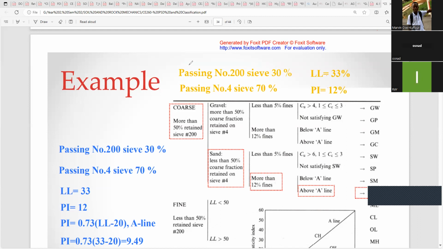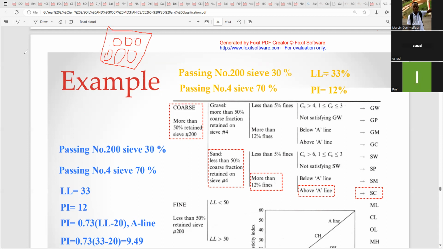So sieve number 4 has very large holes compared to sieve number 200. Sieve number 200, I think that is the least among the standard sieves that we use. Okay, so maybe let's take this to be sieve number 4. It has larger holes than sieve number 200. So sieve number 200 will just be beneath sieve number 4.